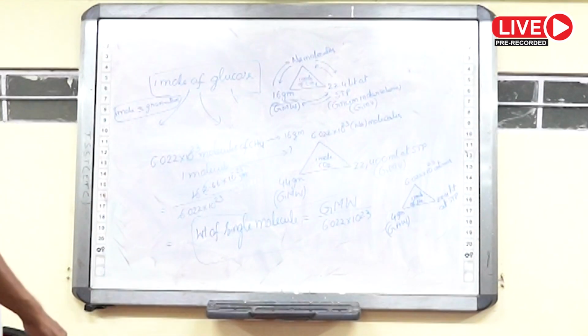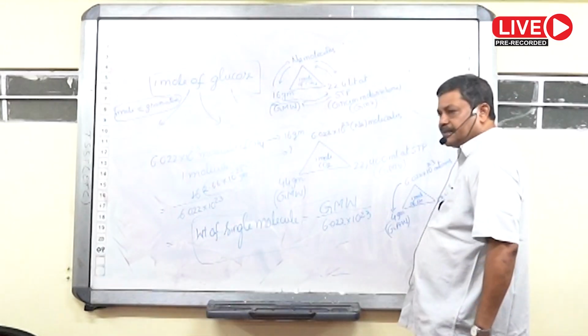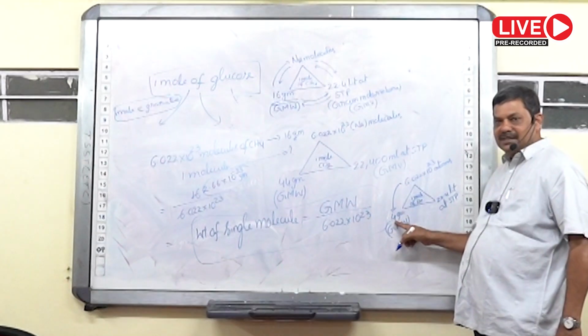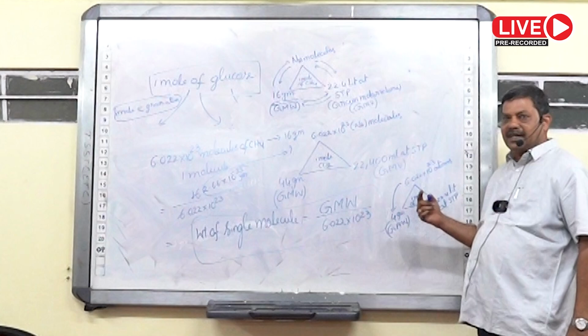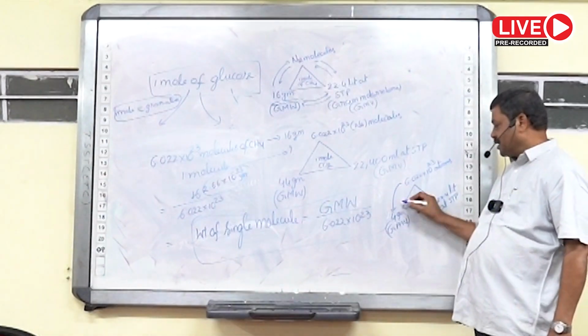Means I am seeking this relation. Avogadro number of atoms weighs 4 grams. 1 atom weighs how much? 4 by Avogadro number. So this is the relation.